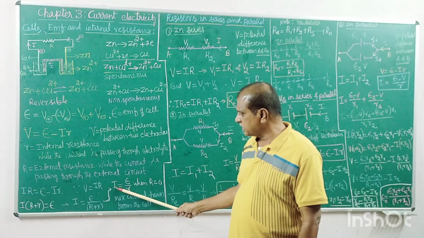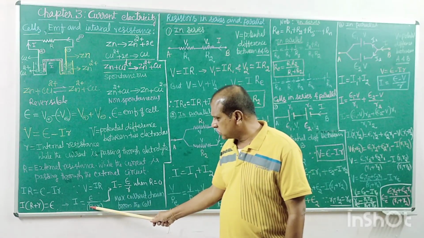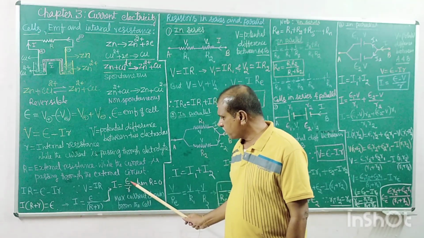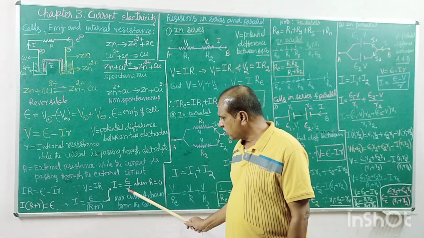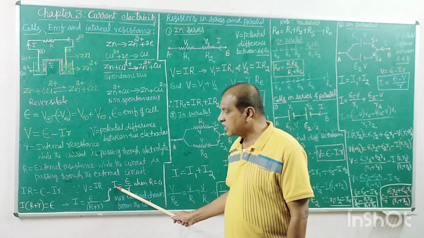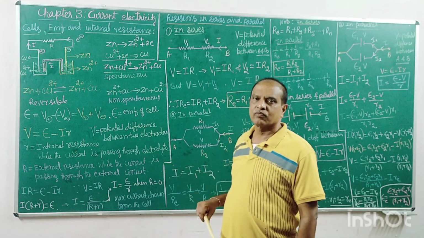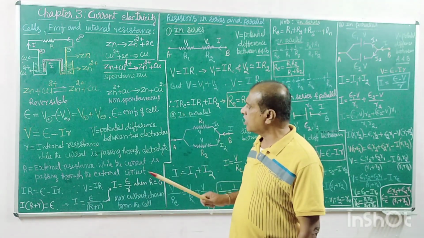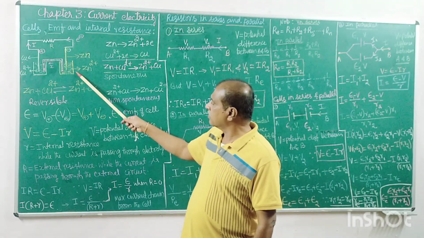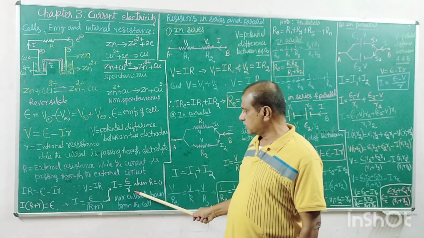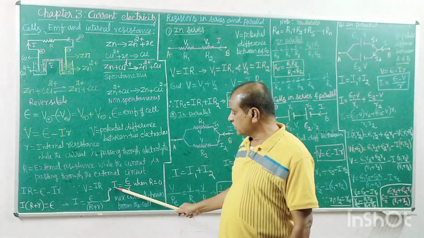When R equals 0, I is equal to epsilon by small r. Epsilon by small r is the maximum electric current we can draw from the cell at the initial state.